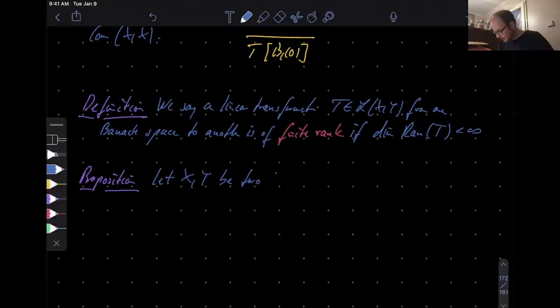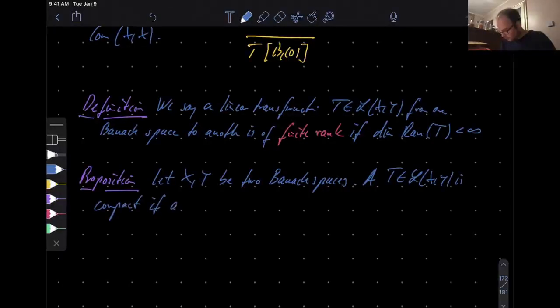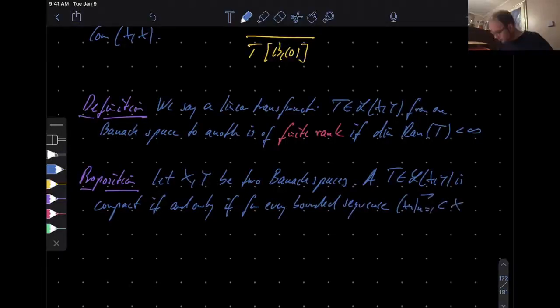If you have two Banach spaces X and Y, then T in L(X,Y) is compact if and only if for every bounded sequence x_n, the image sequence T x_n in Y has a subsequence.